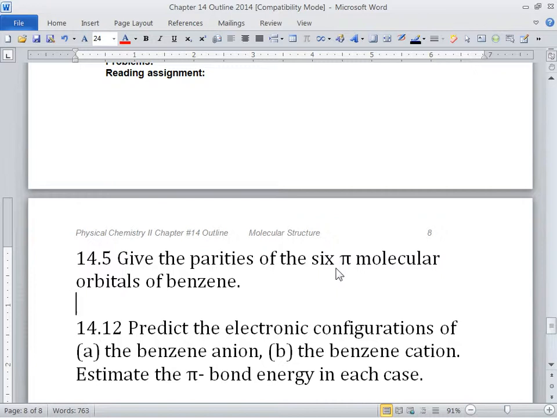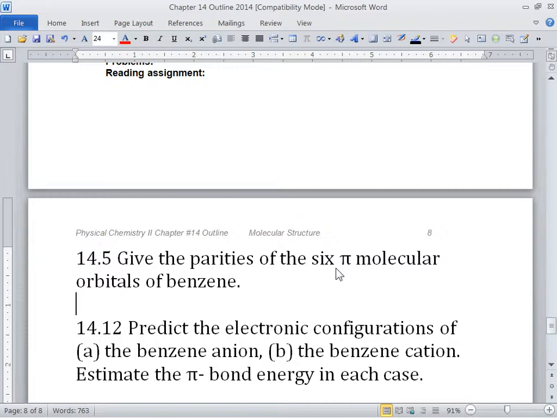Wait, this page? Oh, that one? No, I don't have it. What page are you on, Mel? Yeah, page 416. And we're supposed to give the what? The U or the G? There. If you recognize that, this is easy. Parity is U or G.